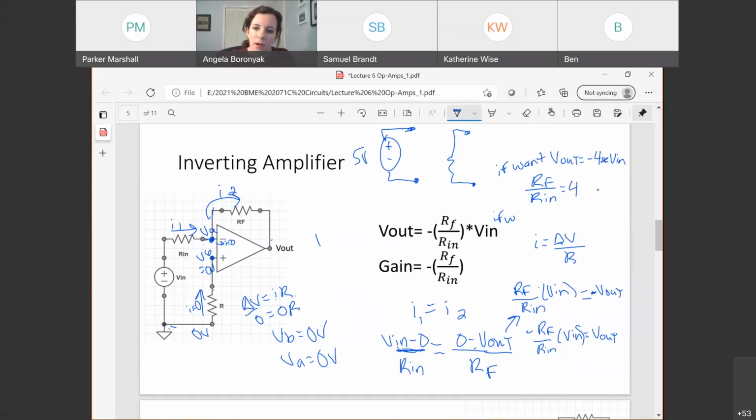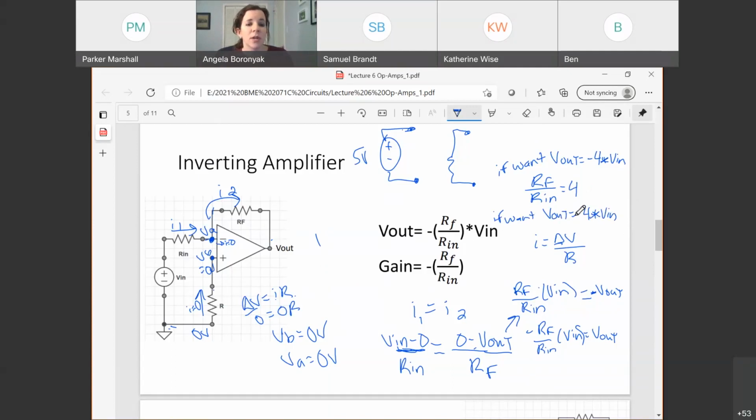Now, if you want V out to equal 4, just 4 times Vn, can I do this with just this circuit? It's a little bit of a mental thought question for us.